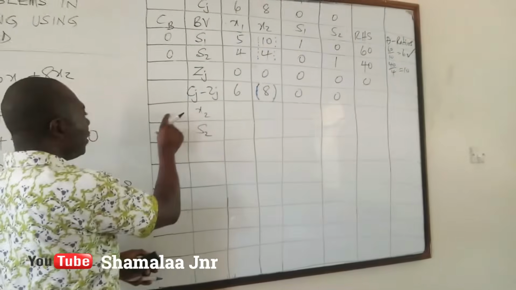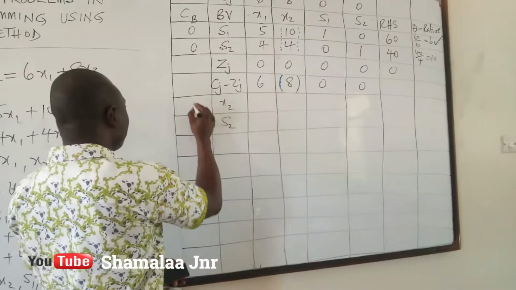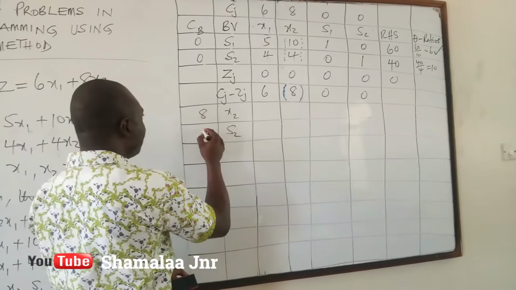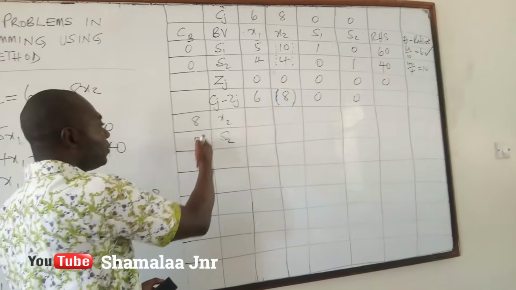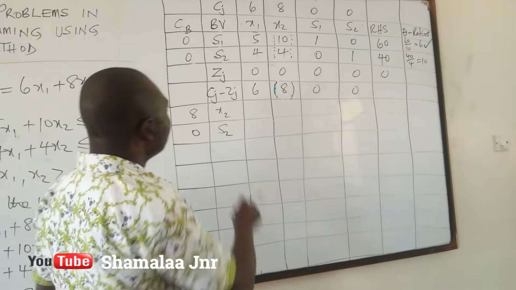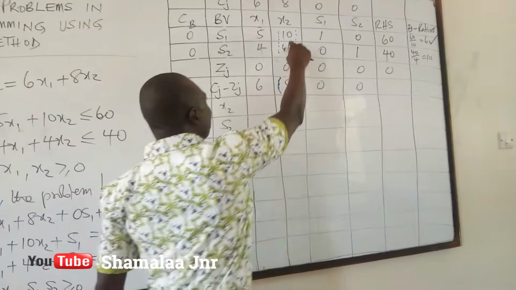Now you go and look at the coefficient of S2 in the objective function. That is the standard form, and the coefficient of S2 is 0 in the objective function, because these are the coefficients of basic variables in the objective function. Now, because X2 has replaced S1, look at where you bracketed.